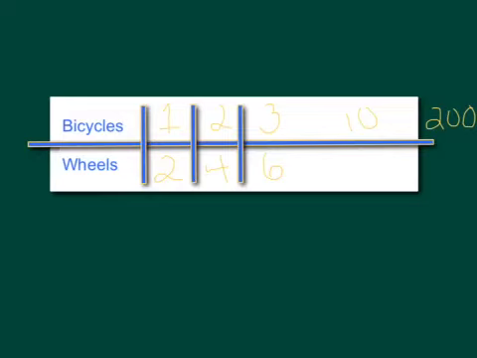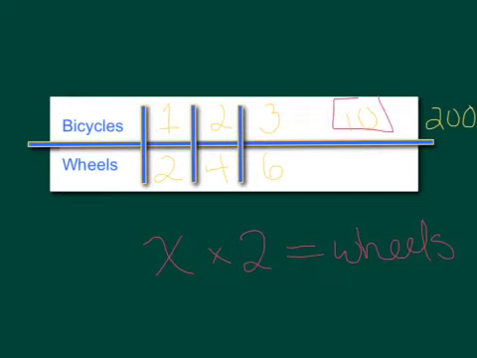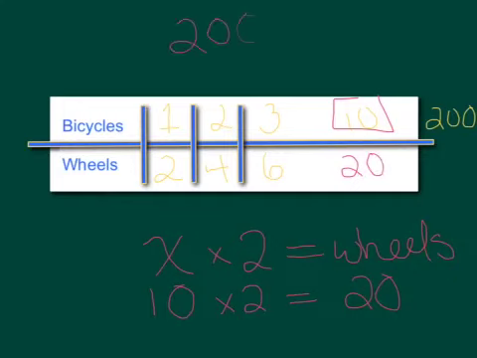So we can say X times 2 equals the number of wheels. So let's try that if X was 10. We would just substitute that in. 10 times 2 equals the number of wheels. So that would go there. Now let's try it for 200. 200 is our X. Times 2 equals 400.